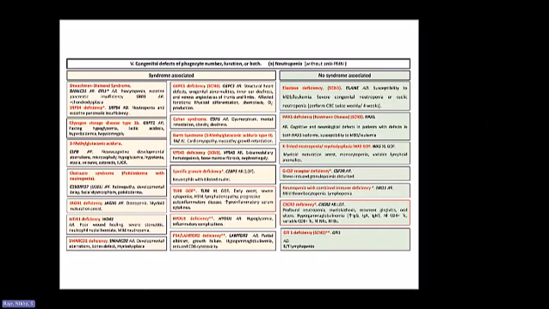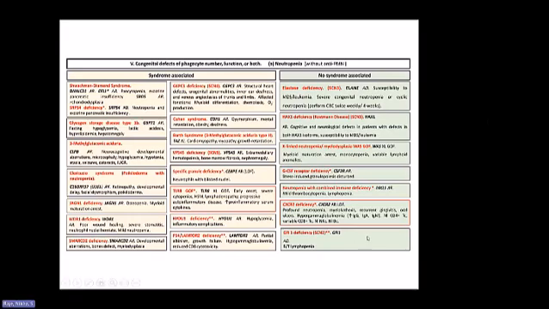So here is the classification for phagocytic disorders, whether it's a syndrome or not a syndrome. We talked about some of these, Shwachman-Diamond and some of the neutropenias, but this is a long list of phagocytic disorders described here.